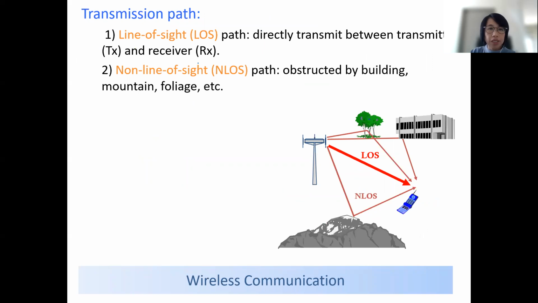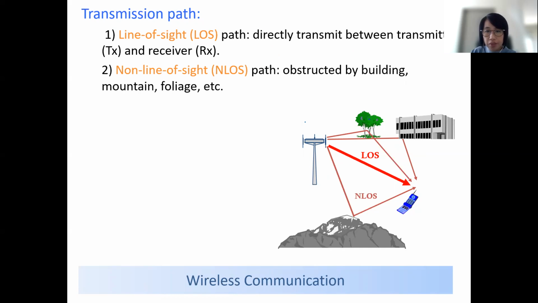And about the transmission part, as I mentioned in the previous slide, there are actually two main parts. One is called line of sight. For line of sight, it means that it is the path that transmits directly between transmitter and receiver.